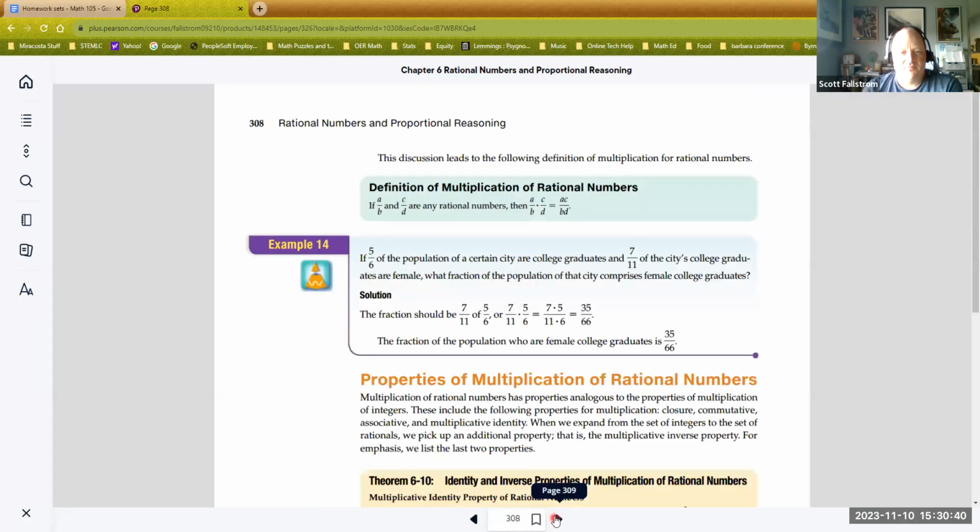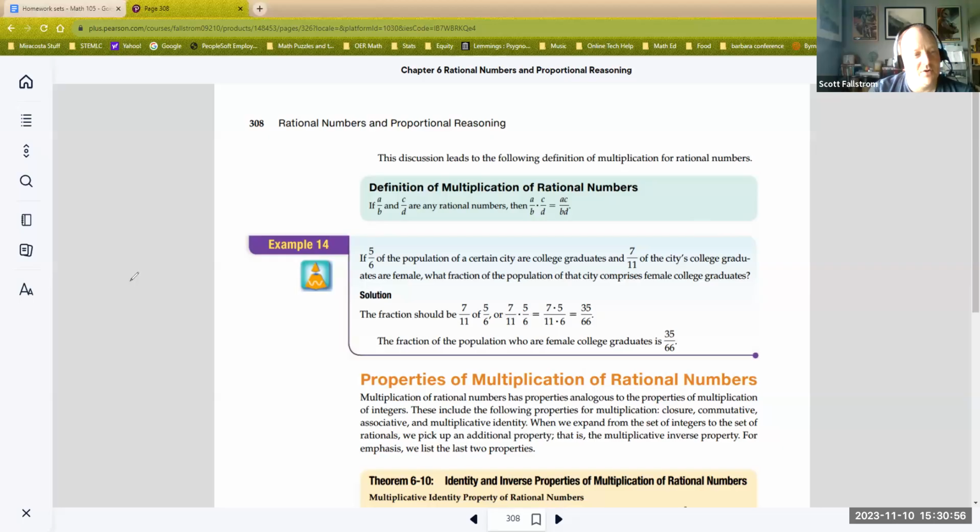Let's continue. So, definition of multiplication of rational numbers. Notice a over b and c over d are rational numbers. When you multiply the rational numbers, you multiply the tops and you multiply the bottoms. That's it. So, again, big pieces that you have to remember, it does say these are defined as rational numbers.